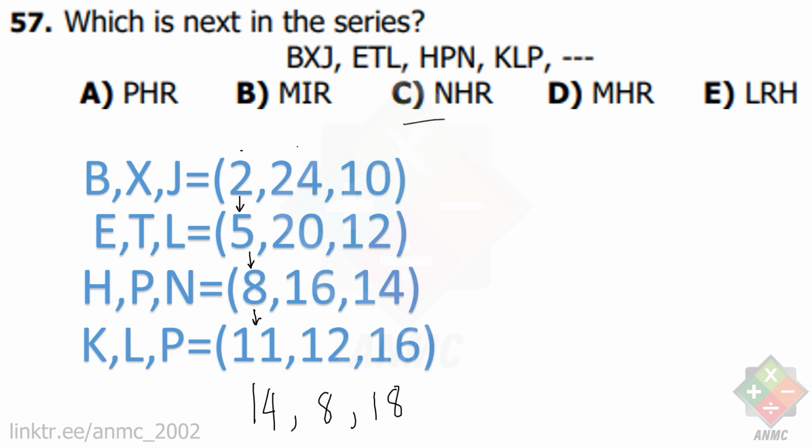The answer is NHR. But let's see a shortcut. B, C, D, E, F, G, H, I, J, K, L, M, N. Our next term starts with N, and the answer is C.